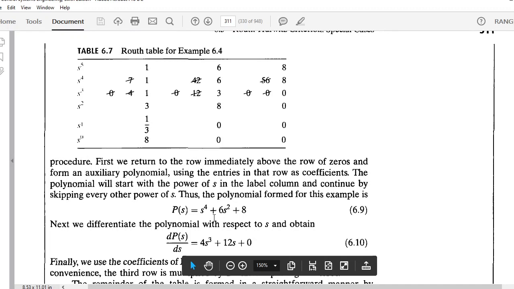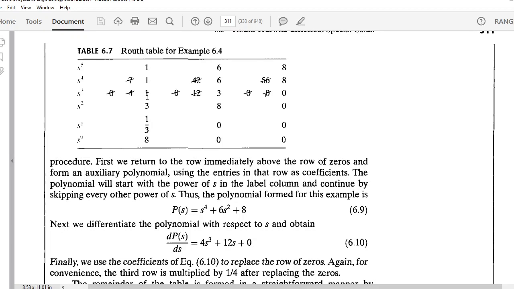So in this case, s raised to 4 plus 6s squared plus 8, which is directly obtained from the coefficients here, you now differentiate it, you get 4s cubed plus 12s plus 0. And you substitute 4, 12 and 0 in this equation. Obviously they have divided it here, so you will get it as 1, 3 and 0, dividing throughout by 4.